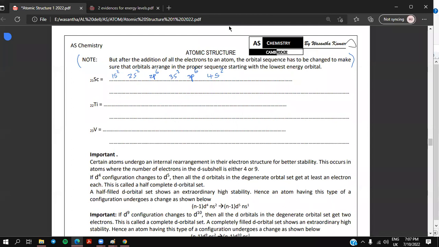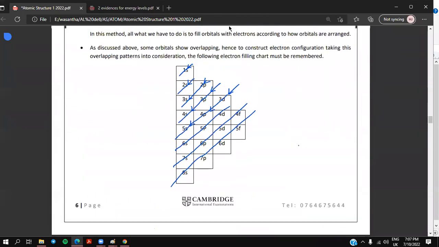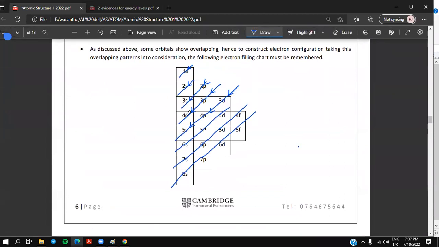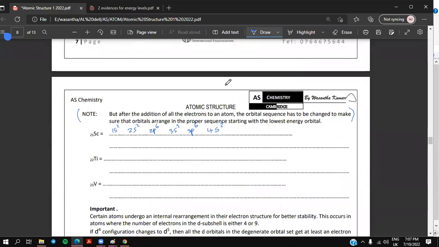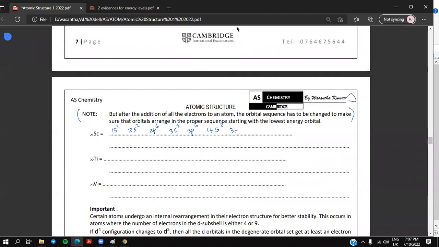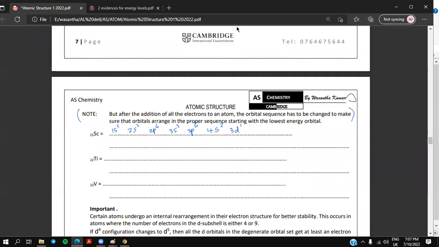In the filling chart, what is there after 4s? After 4s, you go to 3d. So we write the electronic configuration here, 3d. 1 electron is remaining, so 3d1. This is how we write electronic configuration according to filling pattern.